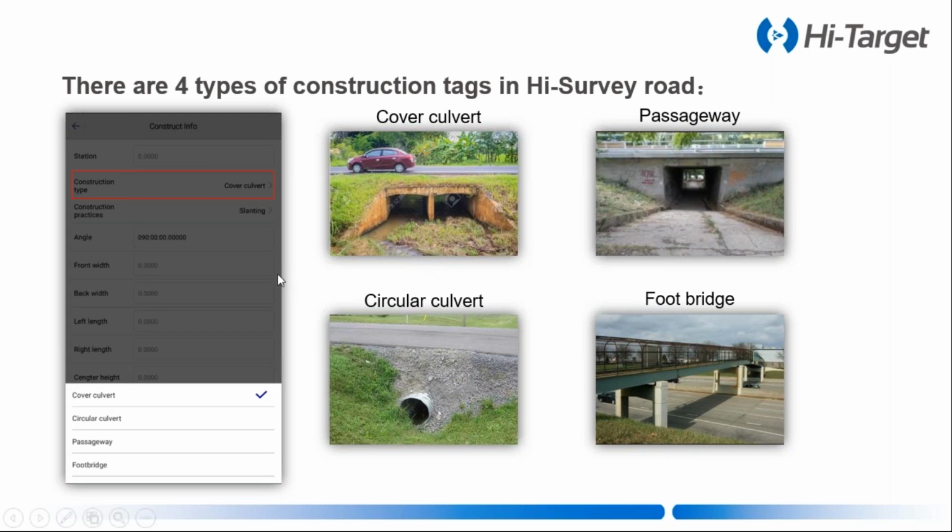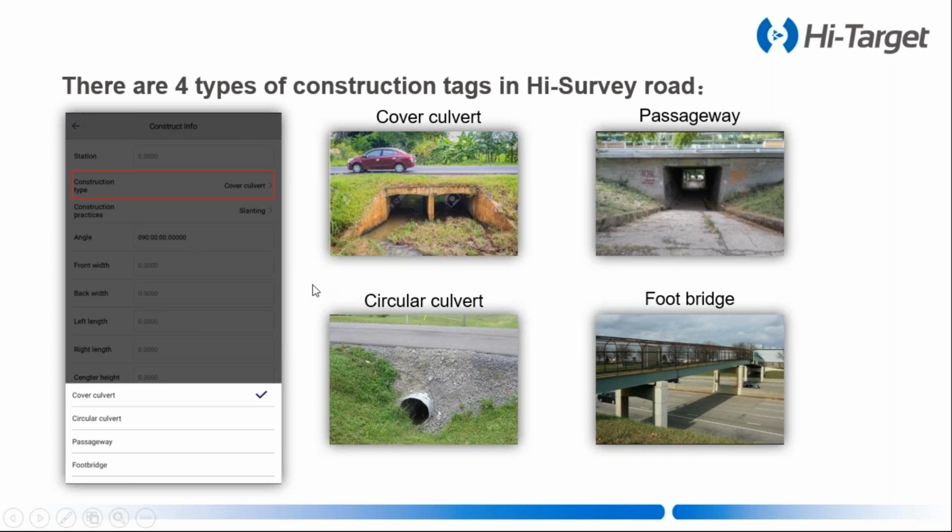So in Highsurvey Road, we support inputting the construction. Here you can see the first picture. There is the construction type. We have 4 types of construction: the culvert and passageway, circular culvert, and footbridges.